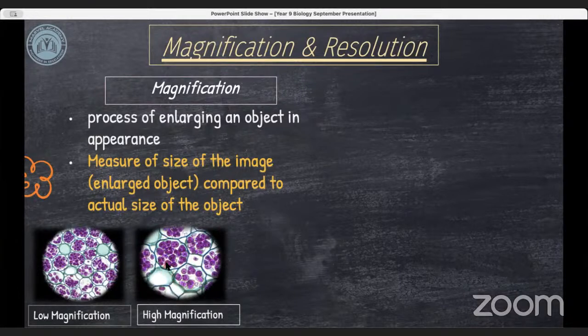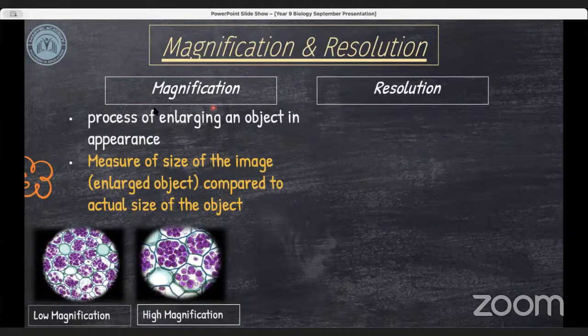If you try to measure the size of the images, it's a little bit different. So this is low magnification and the high. The actual size and the magnified object will be different. A good example, you can see it from this one. Any problems? Just ask me.